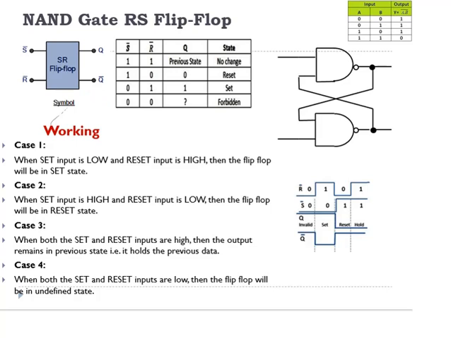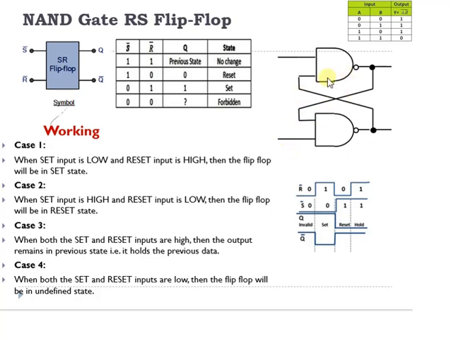A basic NAND gate RS flip-flop can be constructed by cross coupling two NAND gates, and the corresponding circuit diagram is shown here. The RS flip-flop actually has three inputs: the set and reset inputs, and its corresponding output Q relating to its current state or history.